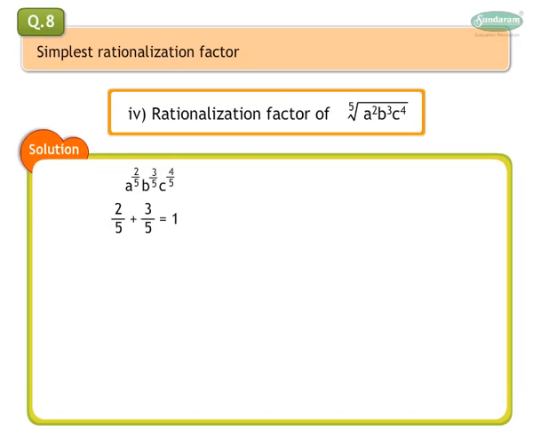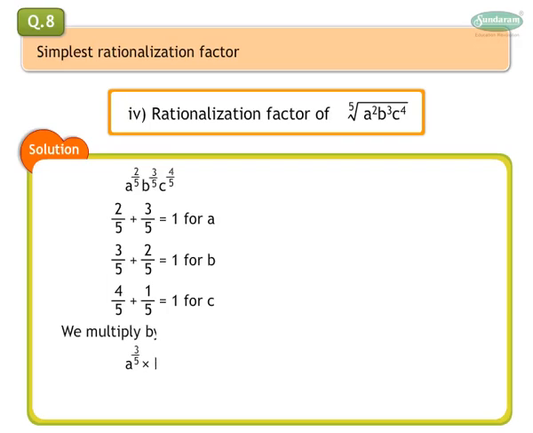Since 2 upon 5 plus 3 upon 5 is equal to 1 for a. 3 upon 5 plus 2 upon 5 is equal to 1 for b. 4 upon 5 plus 1 upon 5 is equal to 1 for c.